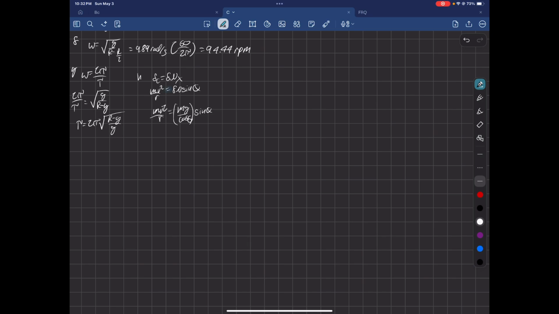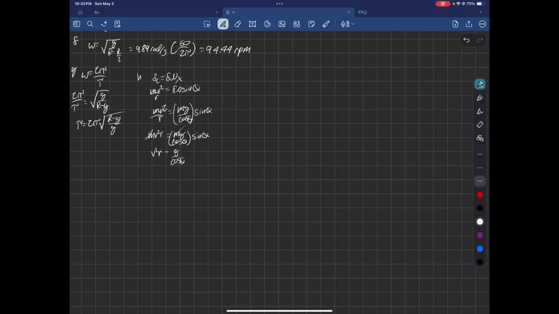It wanted the angular speed, so we can break down the velocity, the v, into r omega. This would cancel out with the exponent. The m's would cancel out.